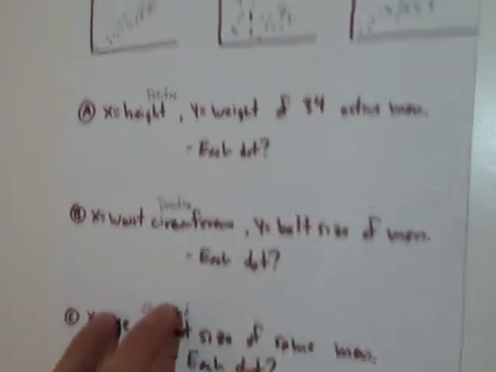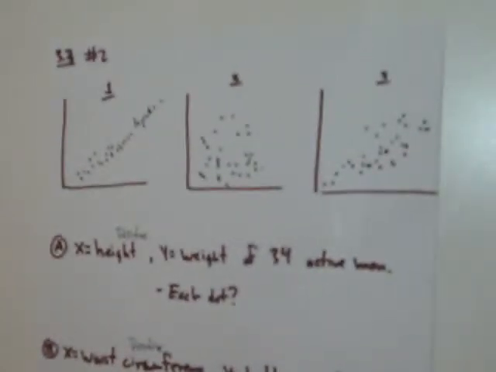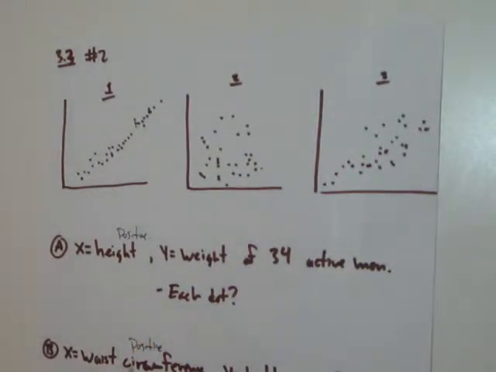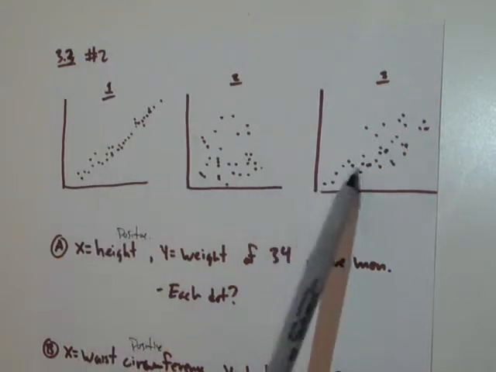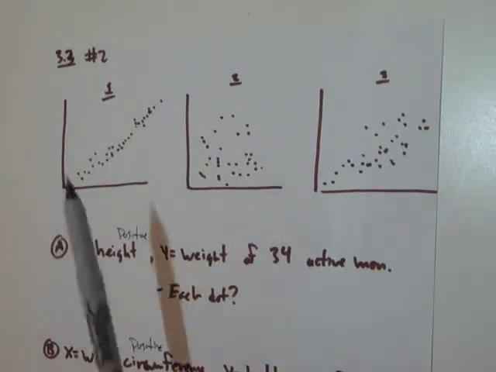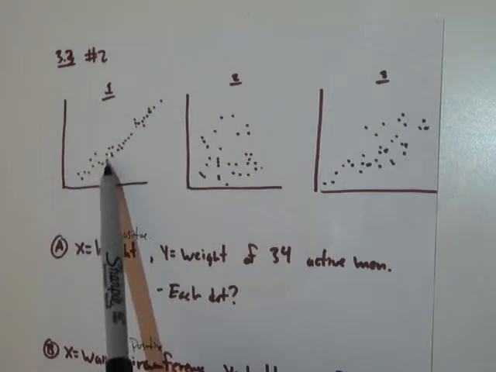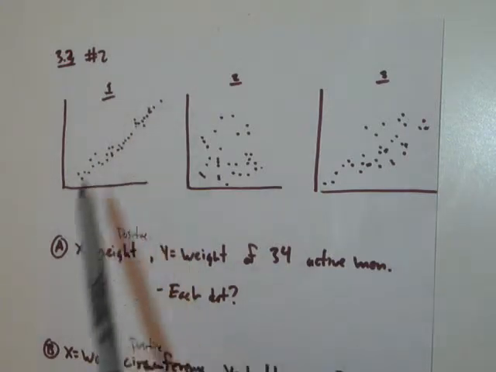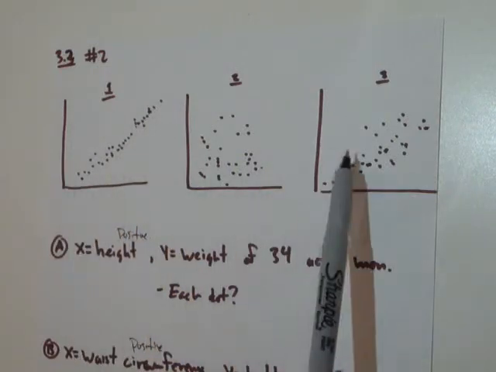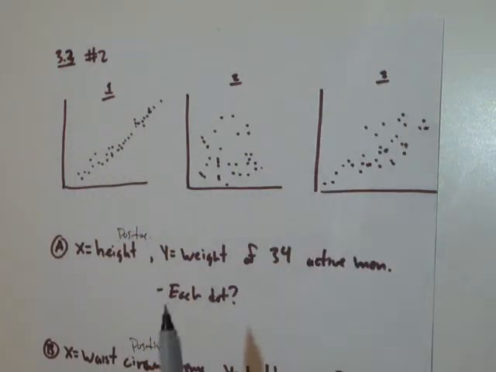So let's go back and look at our scatter plots and see what matches up. A and B, the height and weight and waist and belt size, we said that both of those were pretty much positive. And we have two positive ones. 1 and 3 are both positive. But it looks like if we were to draw a line in the middle of this thing, 1 is very close to that line. 3 might be a little bit more scattered around that line.